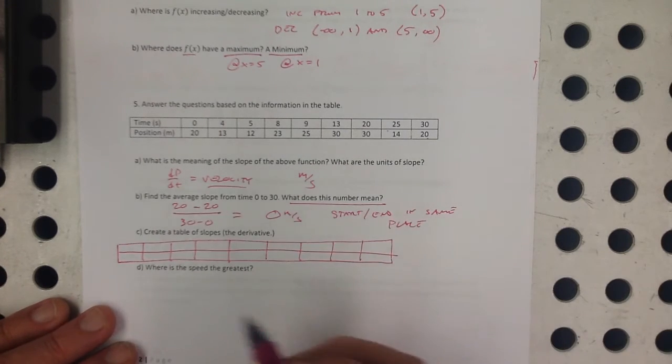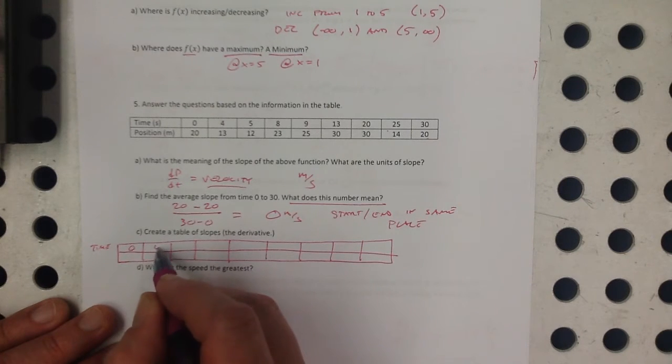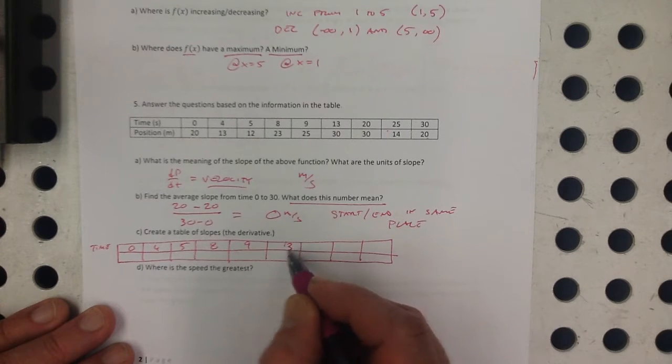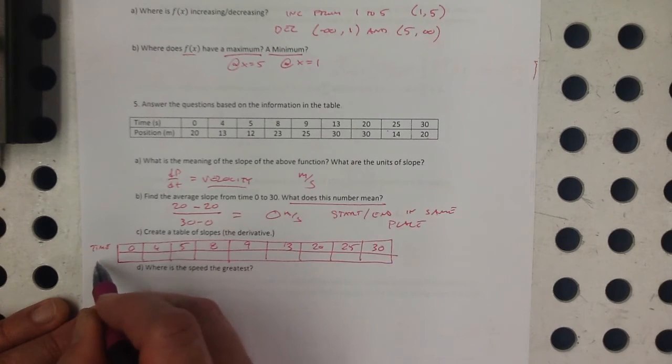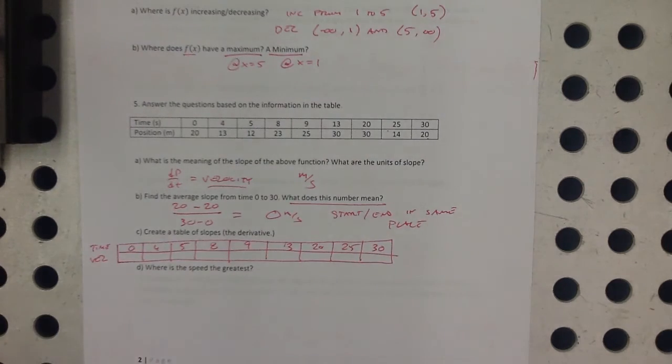That's pretty good. So this is going to be my times 0, 4, 5, 8, 9, 13, 20, 25, and 30. And here, these are going to be my velocities. I'm going to call it velocity because that's what the slope is, right?